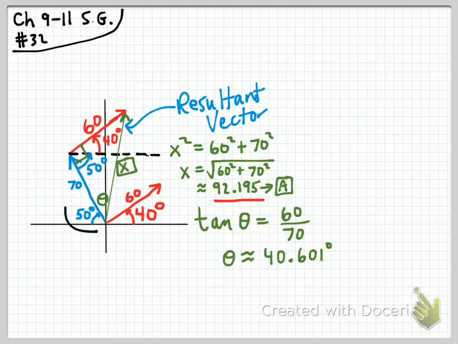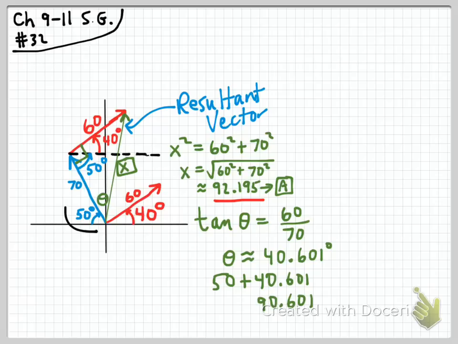Since theta is 40.601, if we add that to the 50, then we see that it goes just past 90: 50 plus 40.601 means that we get 90.601 degrees.